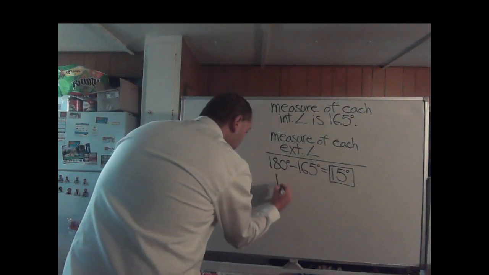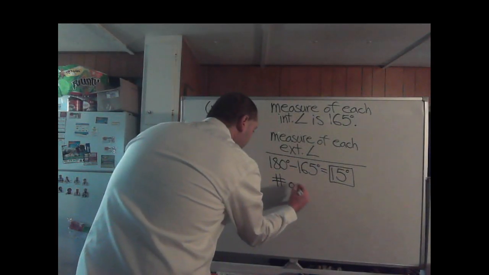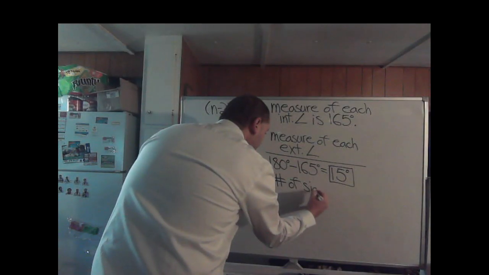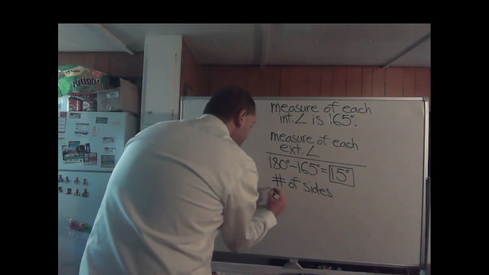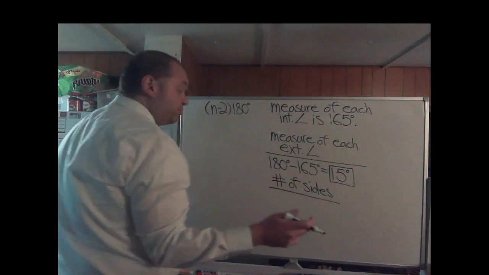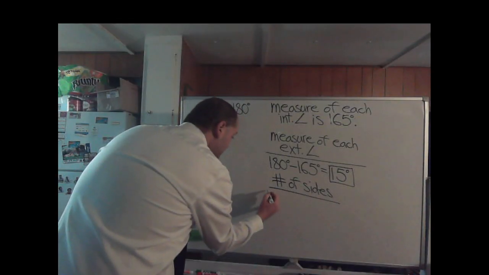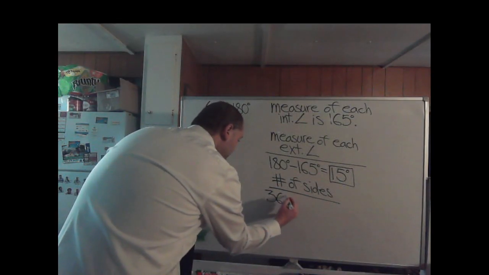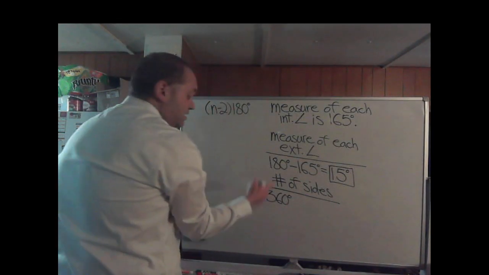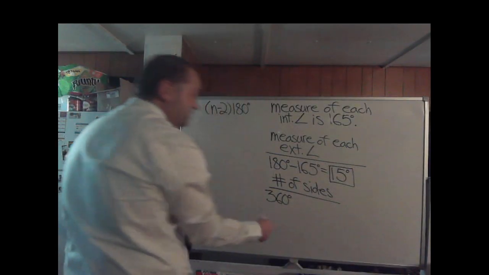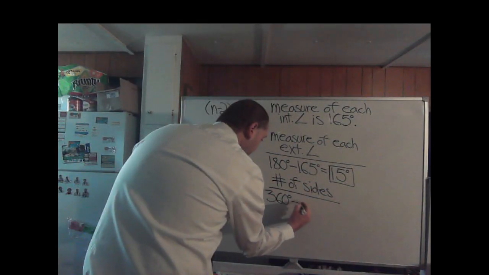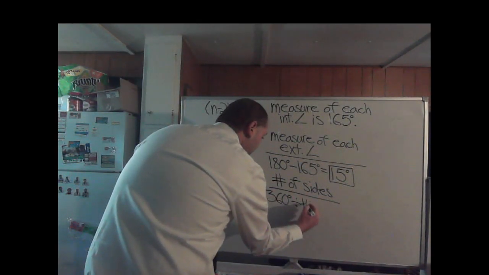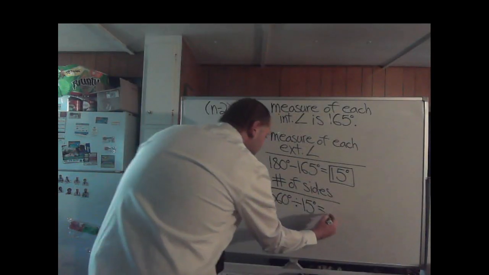All we have to do, once again, to find the number of sides of this regular polygon, whatever it is, you'll take your 360 degrees, which are the sum of the exterior angles of the polygon, divide that by each exterior angle, which is 15 degrees.